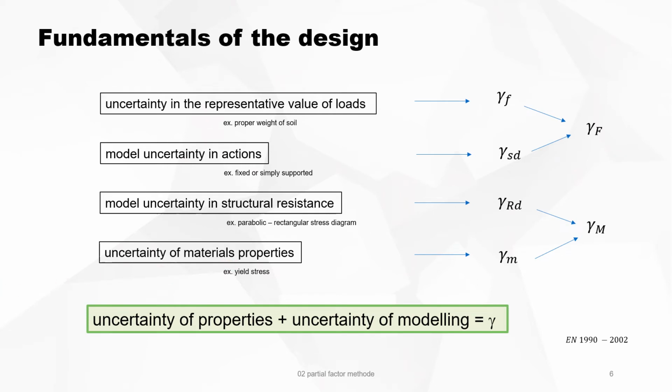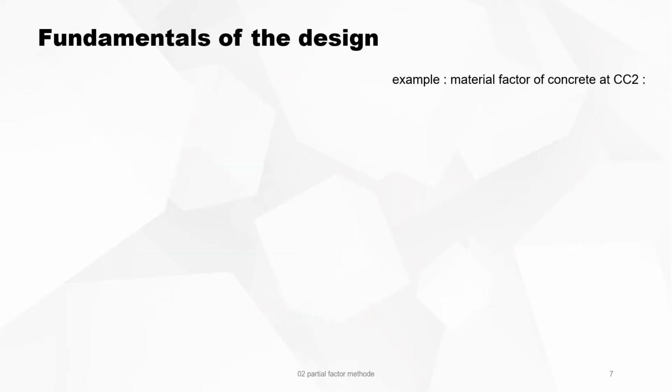So it is important to understand that the safety factor is in fact always a combination of an uncertainty of properties and an uncertainty of modeling. Let's take an example: the material factor of concrete in consequence class 2.